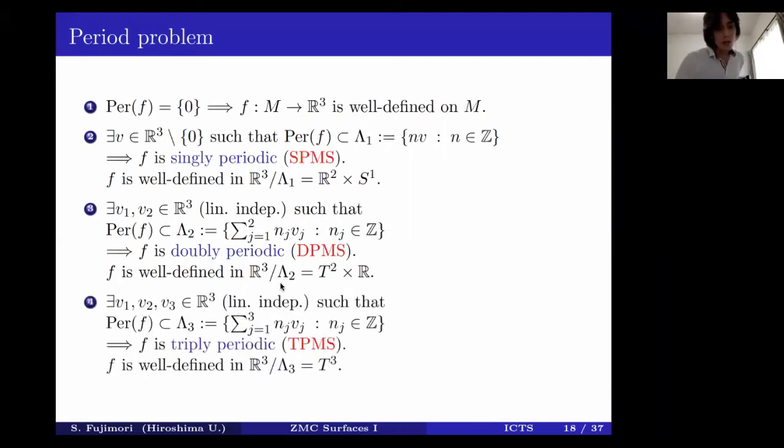Also, if there exist three linearly independent vectors such that the period of F is contained in this three-dimensional lattice, then F is triply periodic. And F is not single valued in R3, but F is single valued in this quotient space, so in this three-dimensional torus. So this is the period problem. I will show examples of these minimal surfaces later.